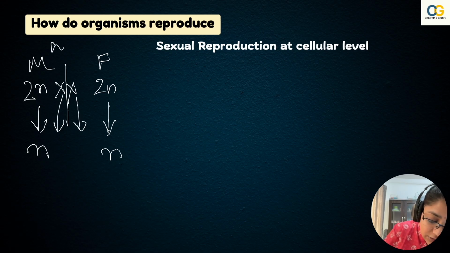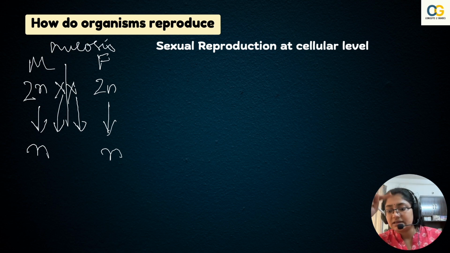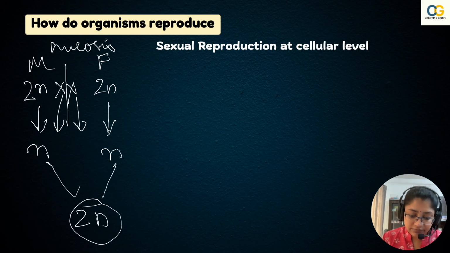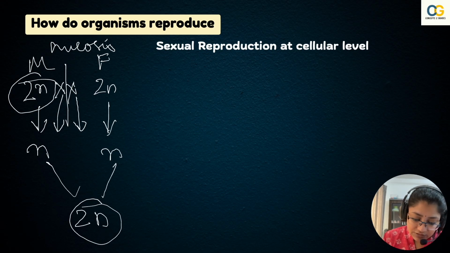This process is called meiosis. What we saw earlier is mitosis, where it is replicating and duplicating. Here it is not doing that, it is splitting itself and becoming one each, because when these two meet, you have 2n cells in the child which is similar to that of a parent, so the species' chromosome number is maintained. That is why in sexual reproduction there are gametes.